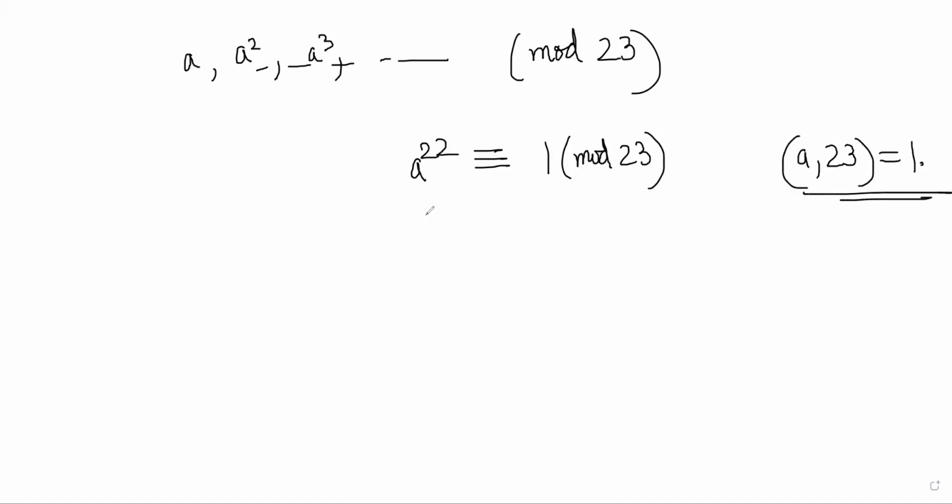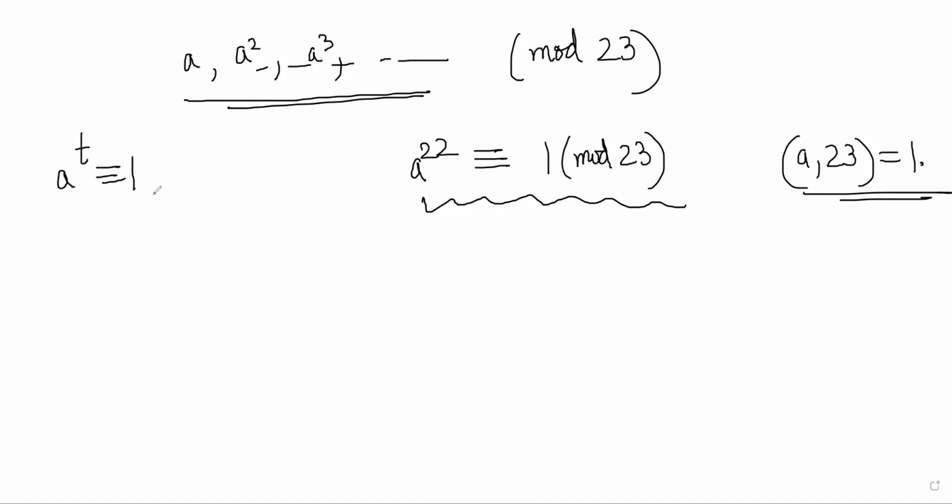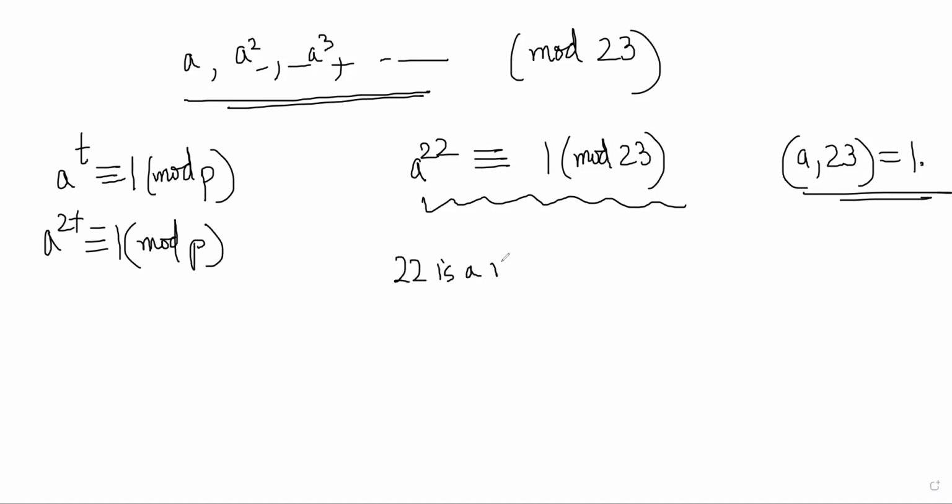This is given by Fermat's theorem. Now whatever the period is, let's say the period is t, it could be that a power t was 1 mod p, a power 2t was 1 mod p. So we know that only multiples of t can give 1 mod p. So that means 22 is a multiple of t.